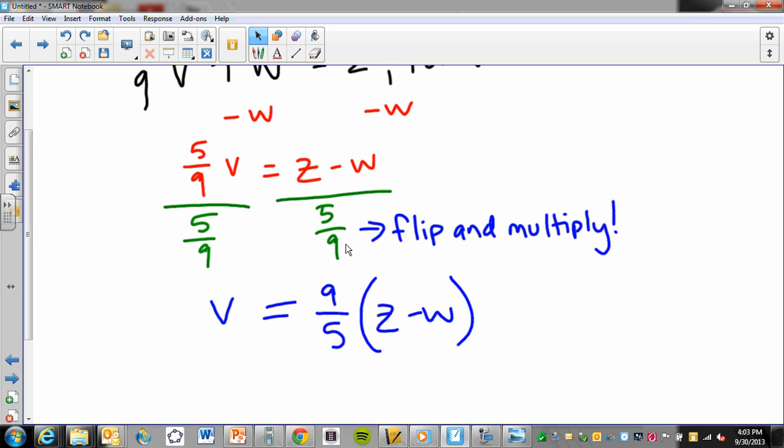And when we divide by a fraction, we flip this fraction and multiply. It's really simple. So now 5/9 becomes 9 over 5 times Z minus W. This has to stay in a quantity by itself. V is now by itself because 5 over 9 and 5 over 9 reduce to 1. So our answer is 9 over 5 times the quantity Z minus W.